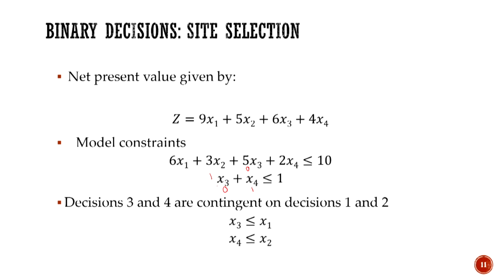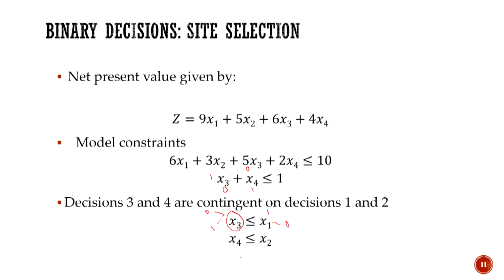It means that if we decide to choose the factory in Los Angeles, then x1 is 1, then x3 can be 0 or 1. But if we decide not to build any factory in Los Angeles, then x1 is 0, then this constraint makes sure that x3 is 0 because it cannot take on 1, because 1 is not less than 0.